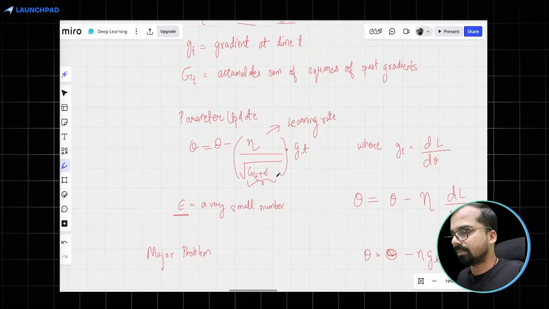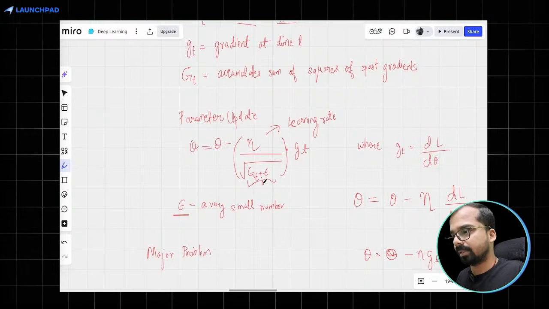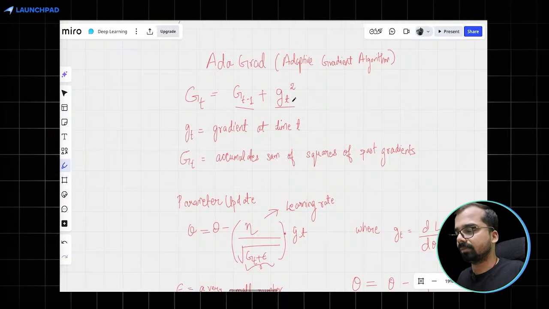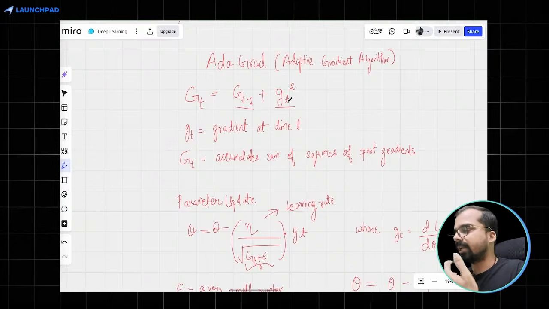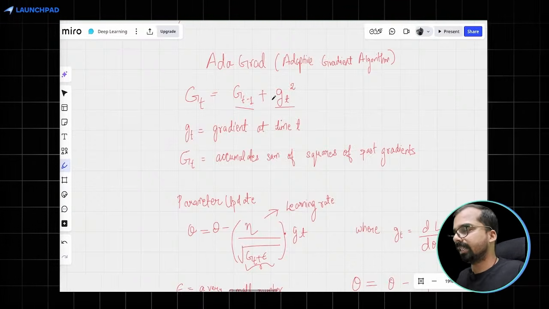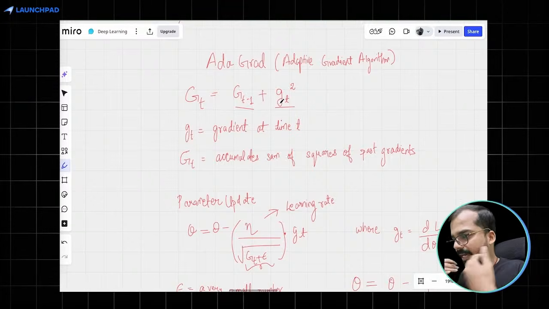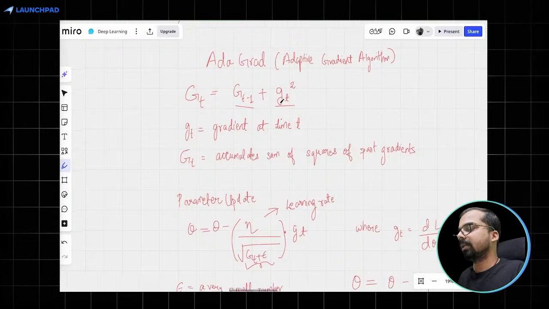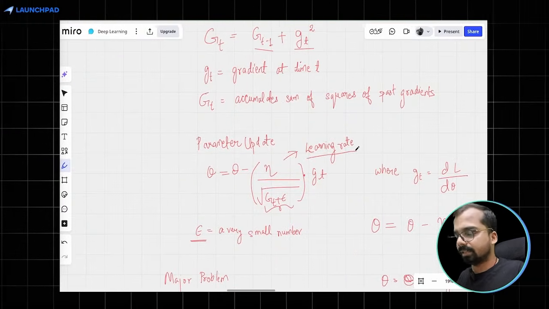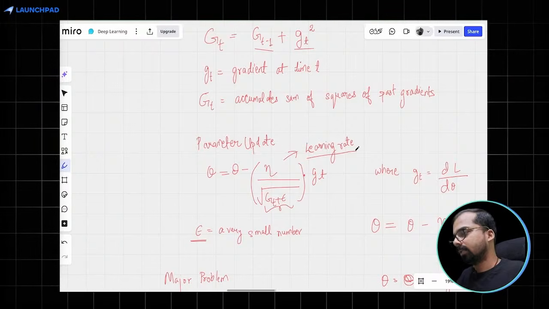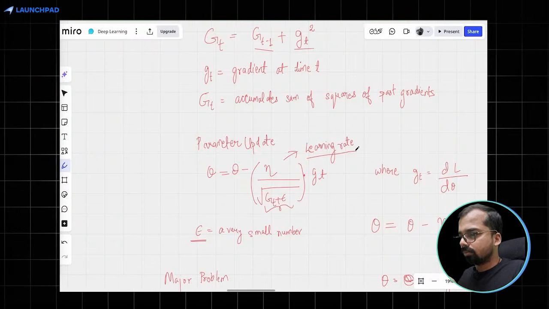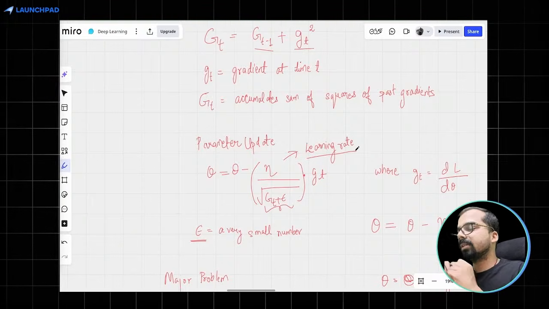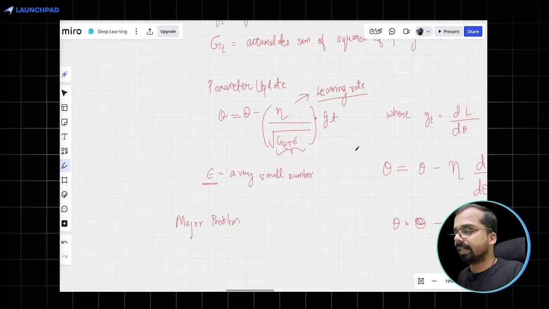Here you see we are not doing a weighted average, we are basically summing up the squares of all the gradients. GT square is always positive, right? So I am adding positive numbers a lot of times, and the number is going to be very, very large. This will make my learning rate at later points of time almost tend to 0. So after a certain time, the update will not take place, and we will not be able to reach the minimum. This is the problem with Adagrad.